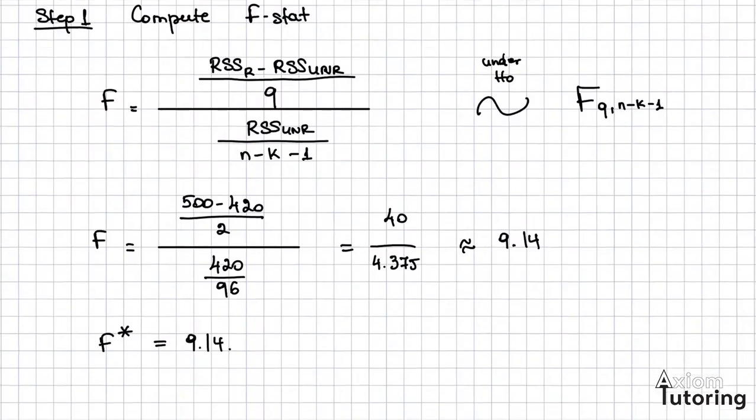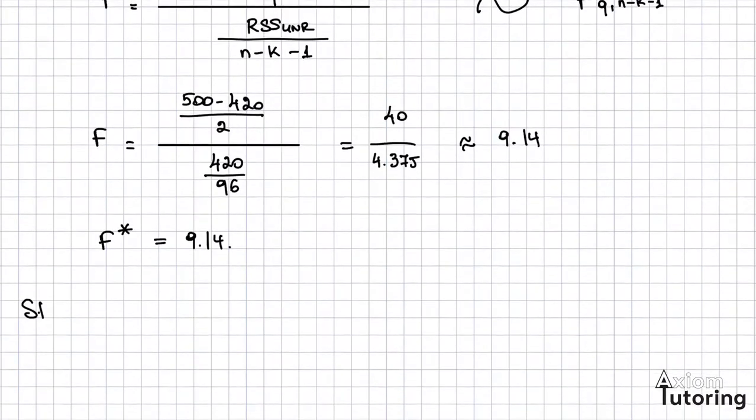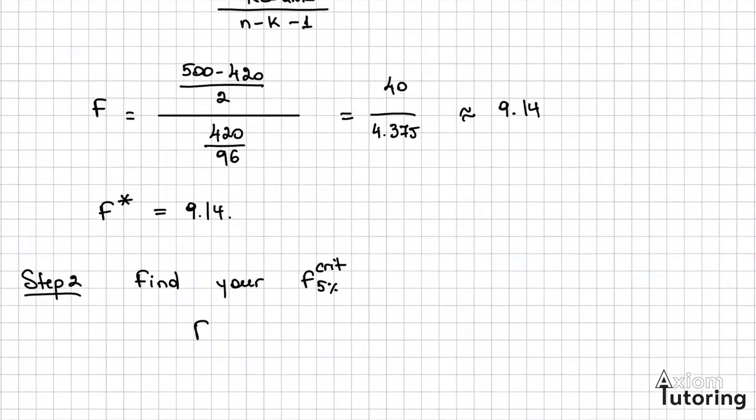Now, before we make the decision, let's do step 2: find your critical value. And let's say we use the 5% level. From the previous videos, you'll remember we have the F critical, and normally we would need 2 and 96 as your degrees of freedom. 96 is a number that you won't really be able to find.